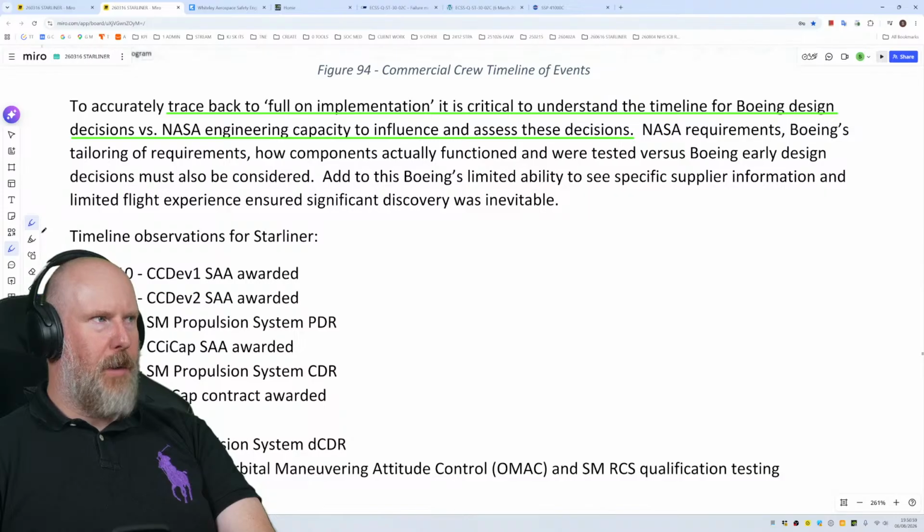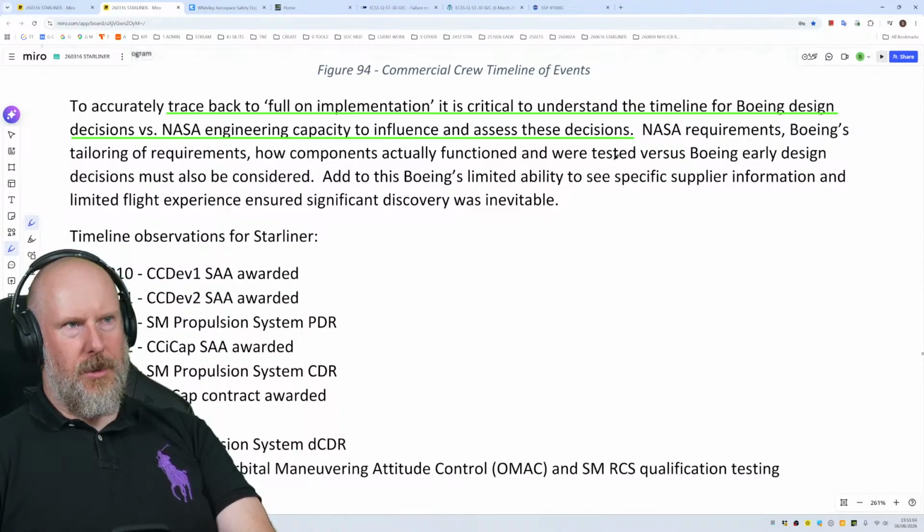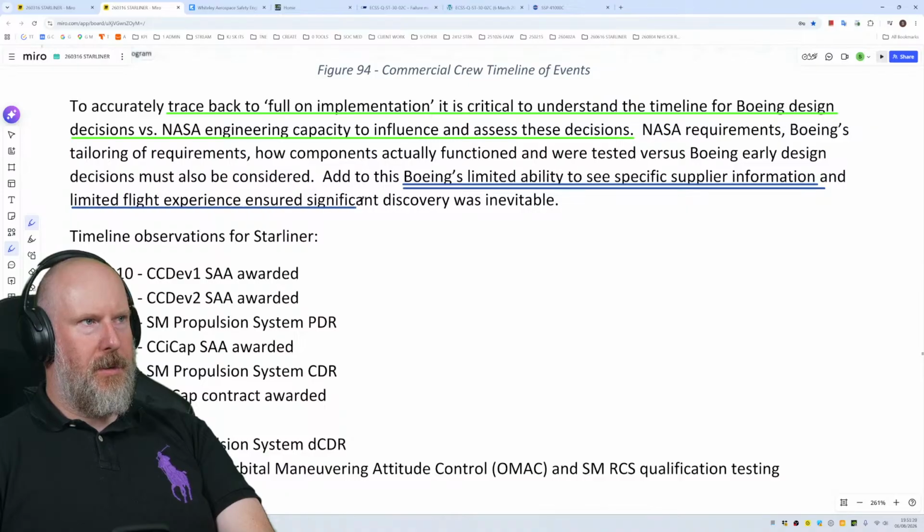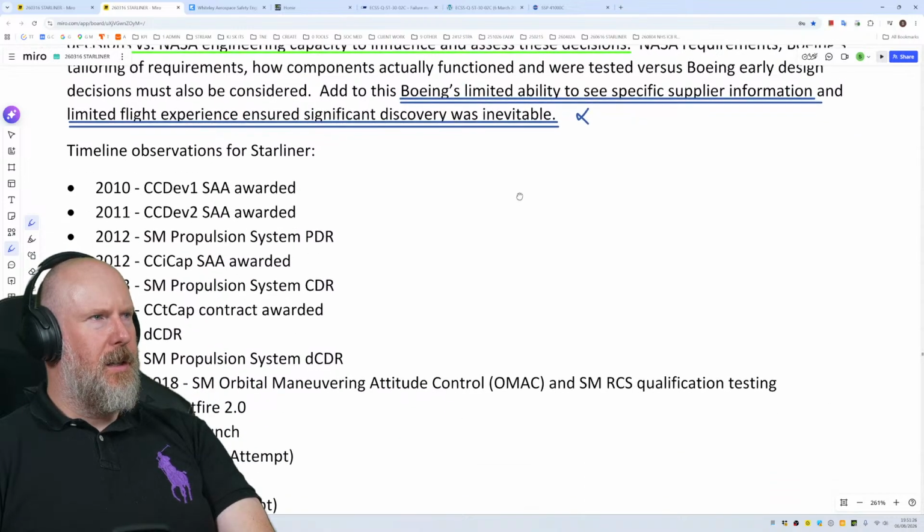NASA requirements, Boeing's tailoring of requirements, how components actually functioned and were tested versus Boeing's early design decisions must also be considered. Add to this Boeing's limited ability to see specific supplier information and limited flight experience, and significant discovery was inevitable. Yeah, I think that's a fair point.